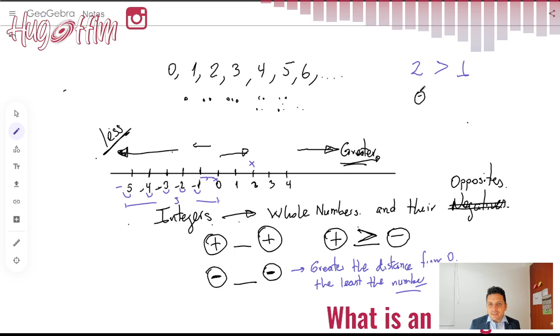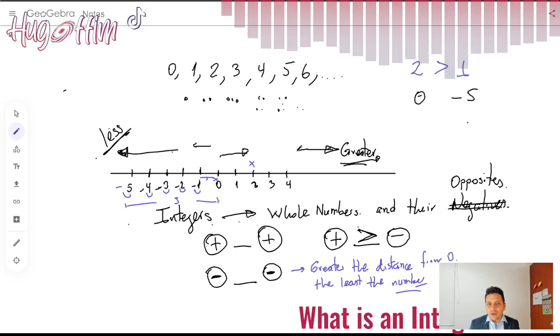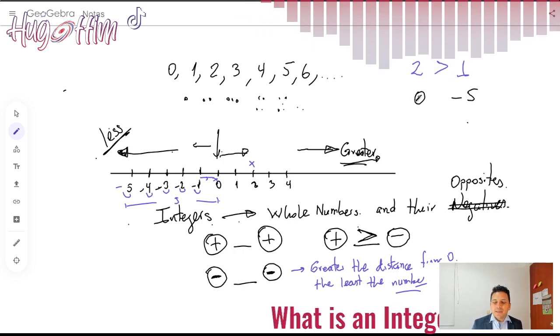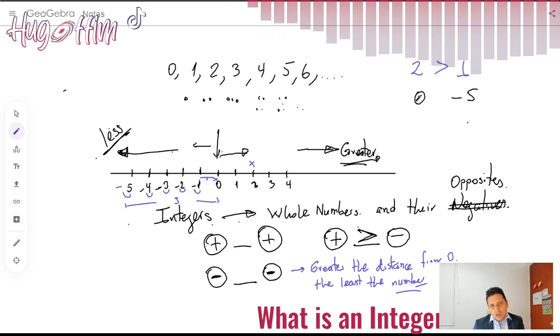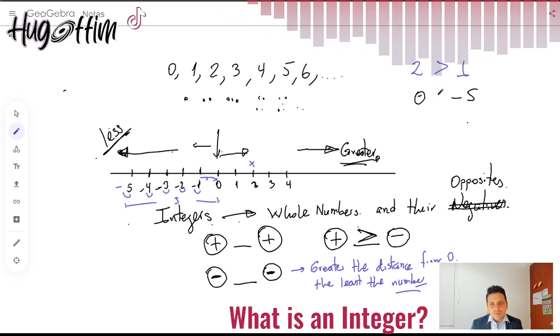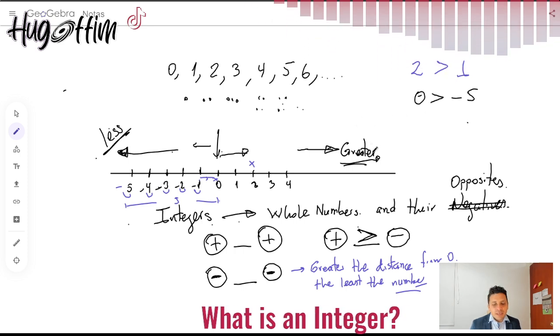What happens if I have 0 and negative 5? Now observe that 0 is not a positive number itself, but we can think of it as if it could be. So 0 is going to be greater than any negative number, immediately.